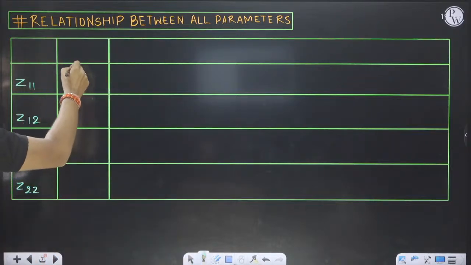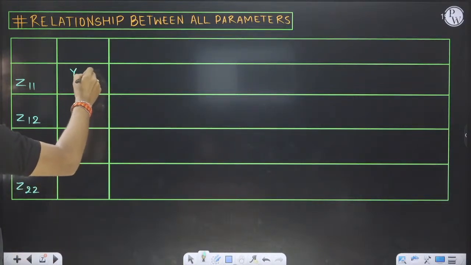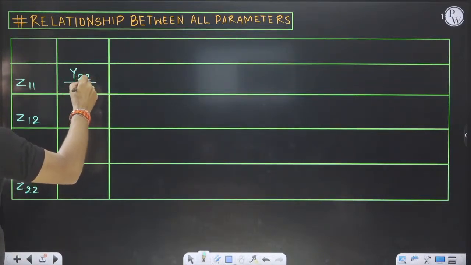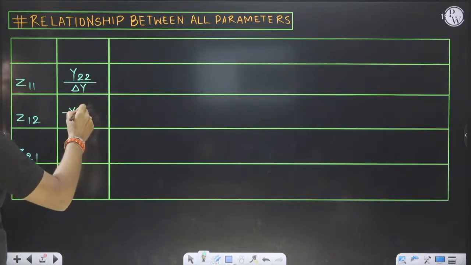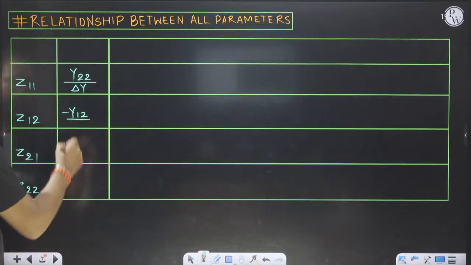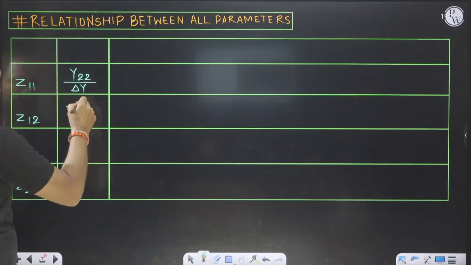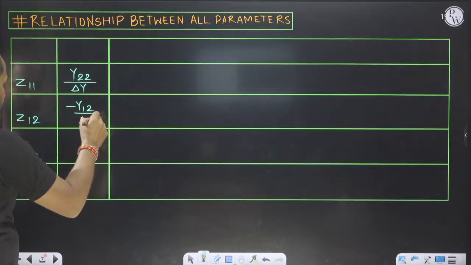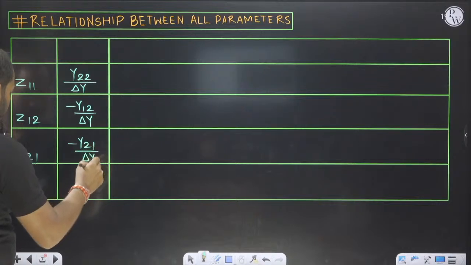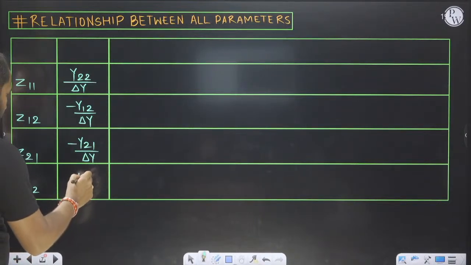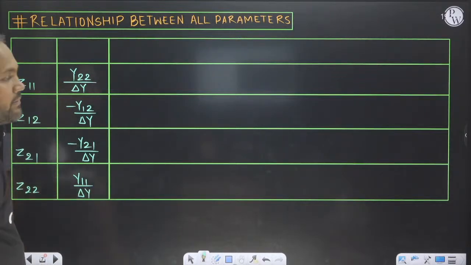In terms of Y parameter, it will be Y22 divided by delta Y, minus Y12 divided by delta Y, minus Y21 divided by delta Y, and Y11 divided by delta Y. So this is in terms of the Y parameter.